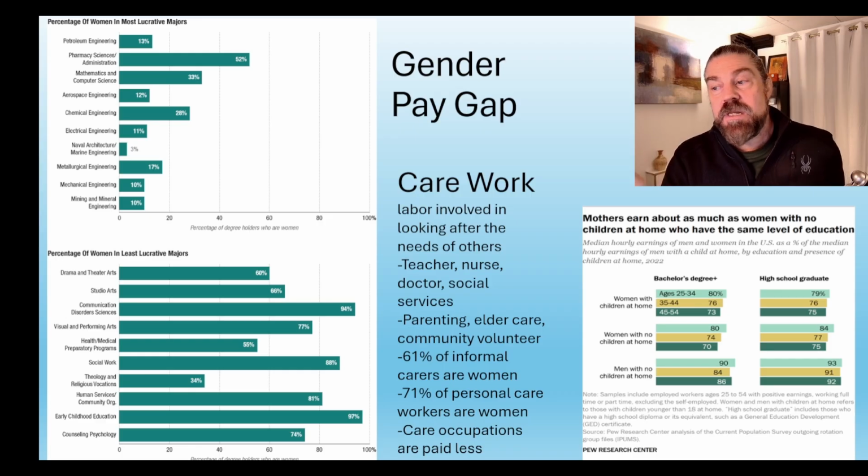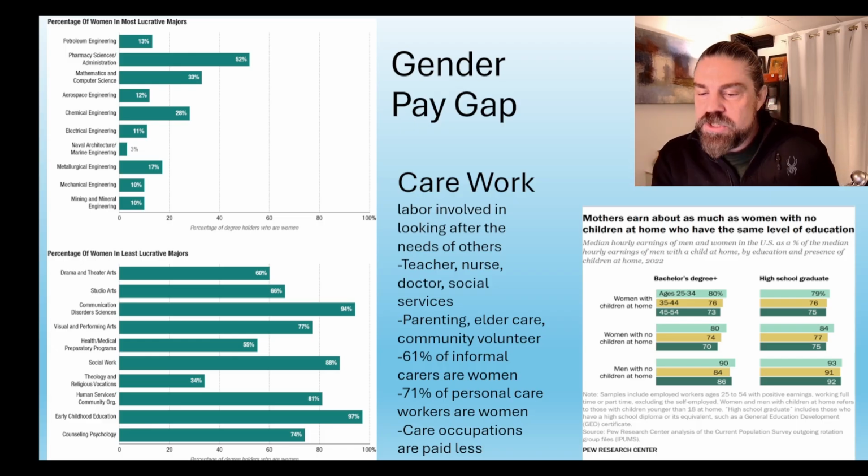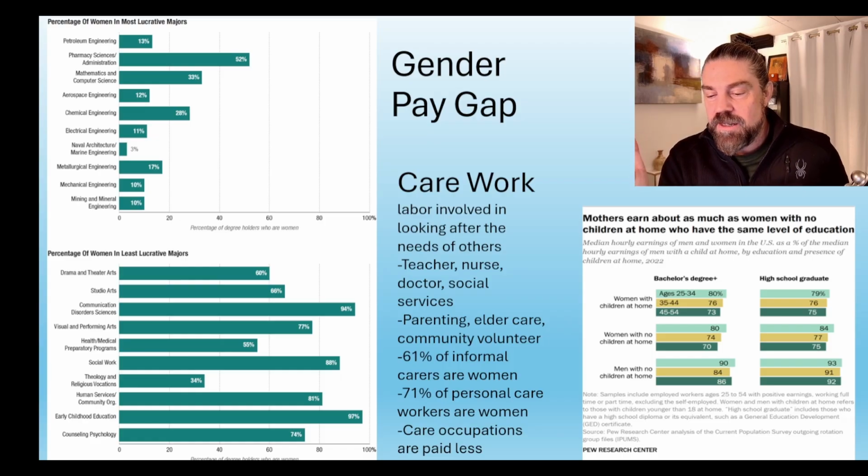And for some reason, even though we might think of nursing and care work as very important, and elementary school teachers and things like that as very important roles, for some reason, those occupations are paid less than male occupations are.